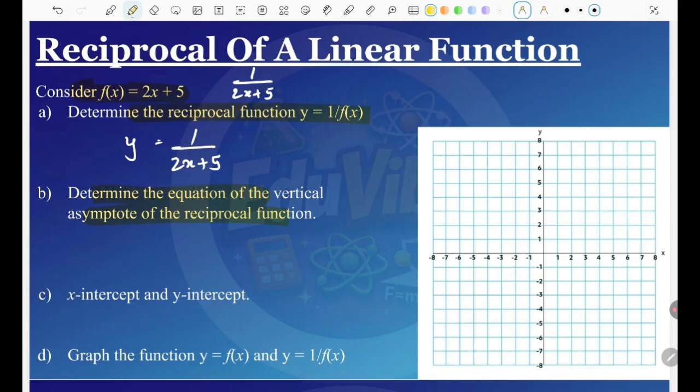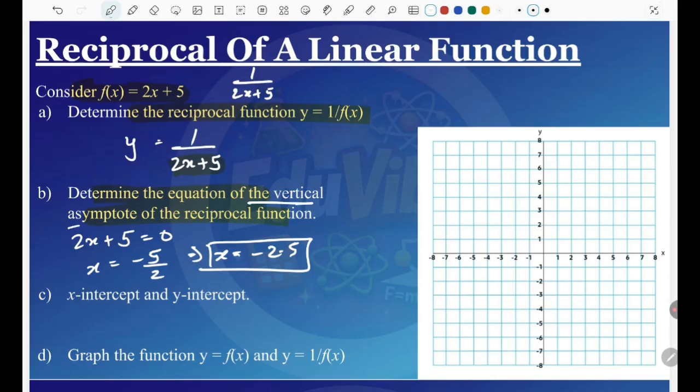For the vertical asymptote, we consider the denominator: 2x plus 5 equal to 0, so x is equal to minus 5 over 2, which is minus 2.5. That is your vertical asymptote. You always consider the denominator set equal to 0, and you will get your answer.